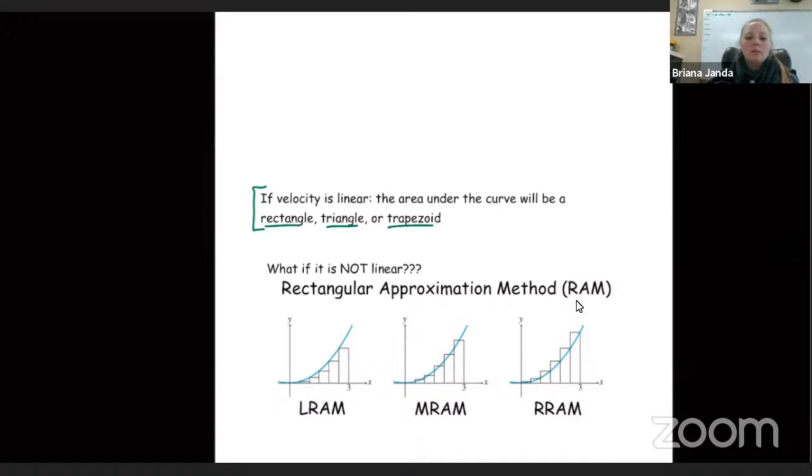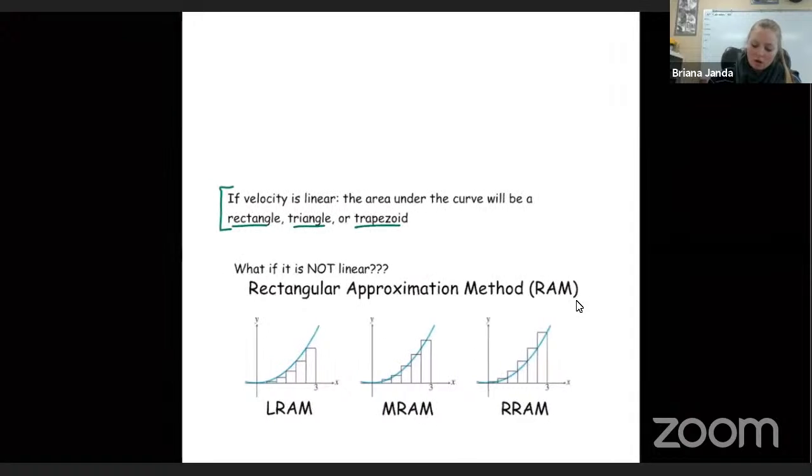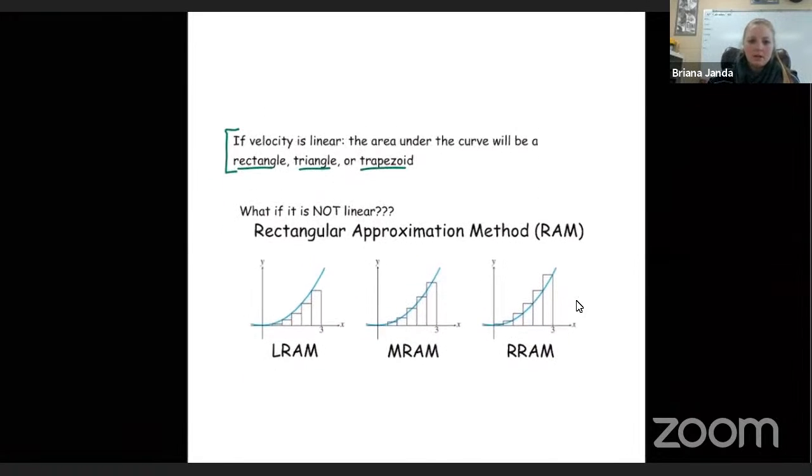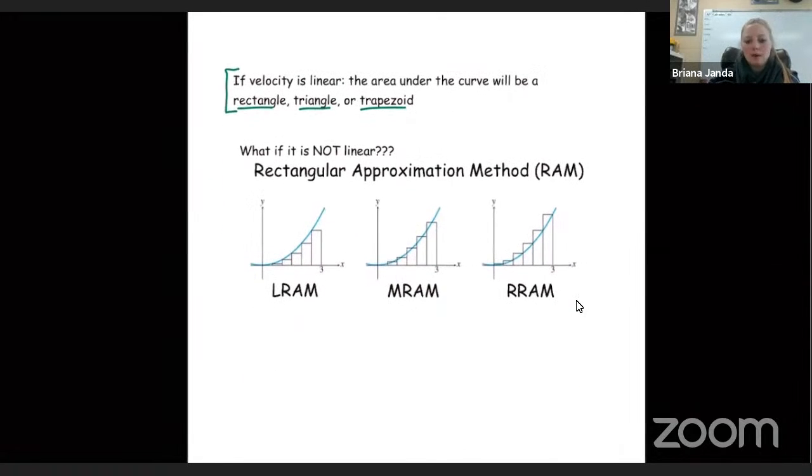So what if it's not linear? Look at the picture we have below. What we'll use is this thing called RAM, or your rectangular approximation method. What you're seeing right here is that they're breaking up the area under the curve, because if I take away those rectangles, our area under our curve in these pictures, this right here, let me fill this in with a different color, is not a shape we know, right?